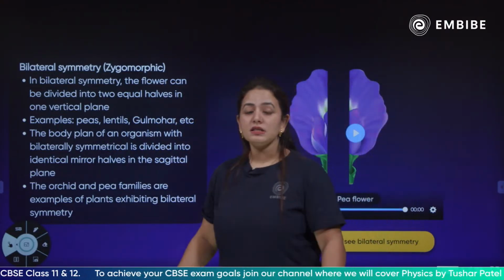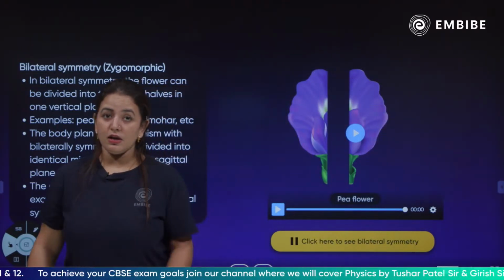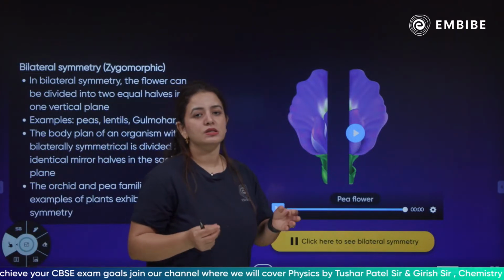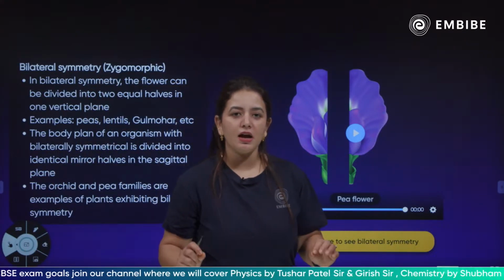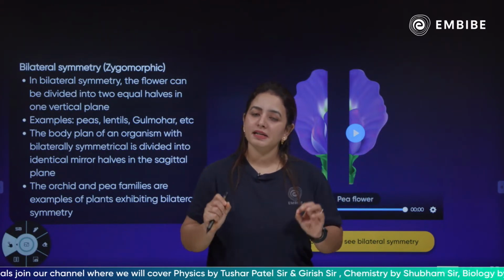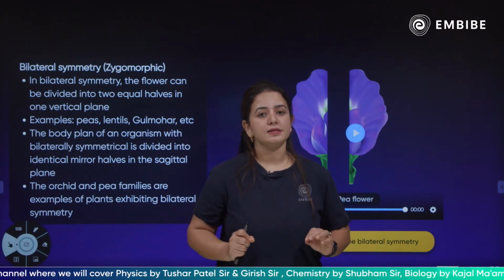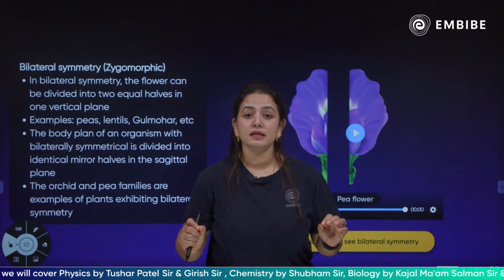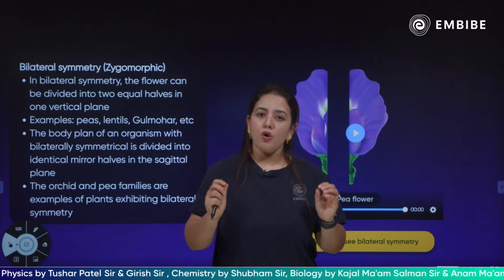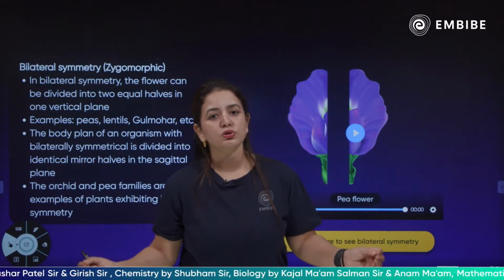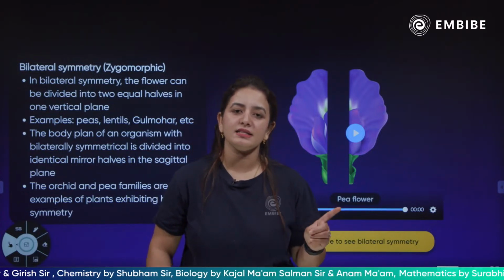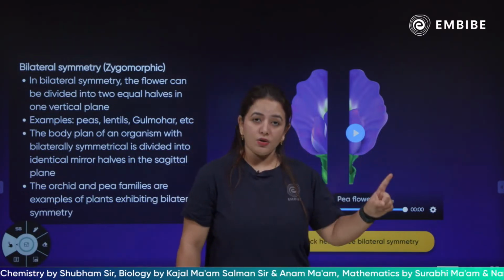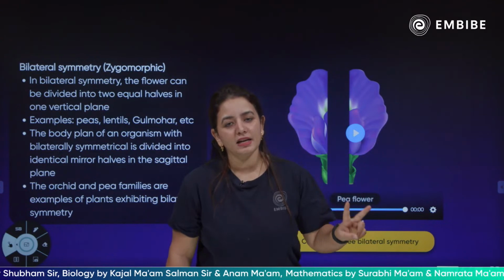So this is another category a flower possesses, bilateral symmetry. We have learnt about radial symmetry, and now we know bilateral symmetry, and we also know the technical terms used to describe them: one is zygomorphic, the other is actinomorphic.